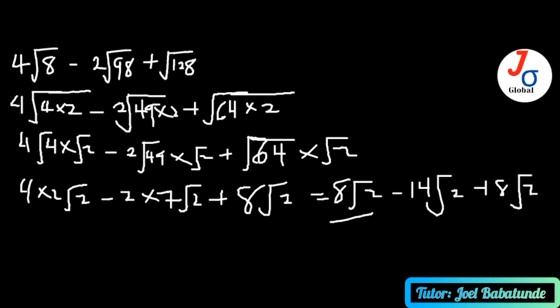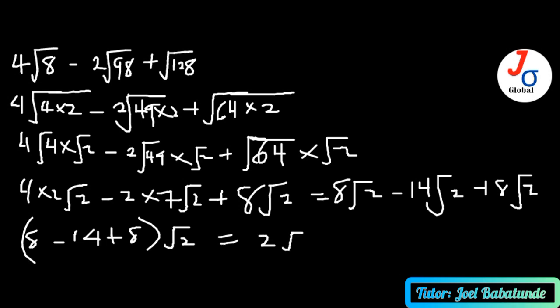So since they are similar, I'll just say 8 minus 14 plus 8 root 2. So 8 minus 14 is minus 6, and minus 6 plus 8 is 2. So the final answer is 2 root 2. And that's our final answer to that question.